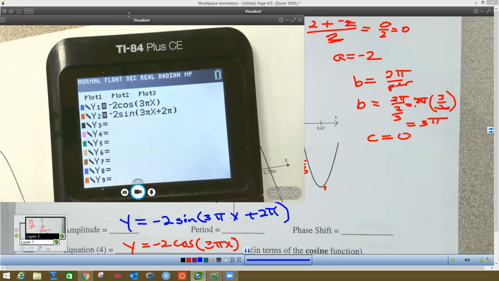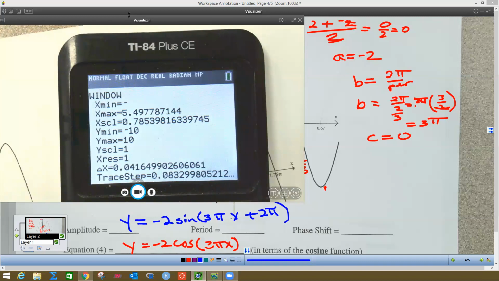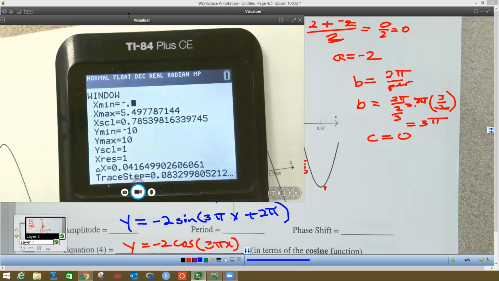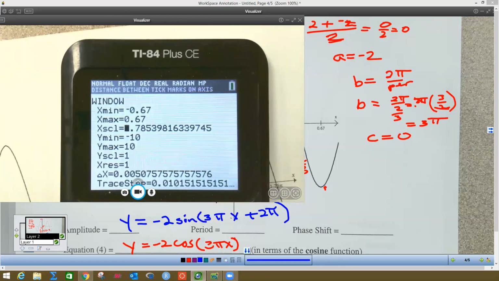So you see how I got those? Now I'm going to take my window and make my window look like that one. So my x values went from -0.67 to +0.67. And let me move this out of the way so I can find the first tick mark here.